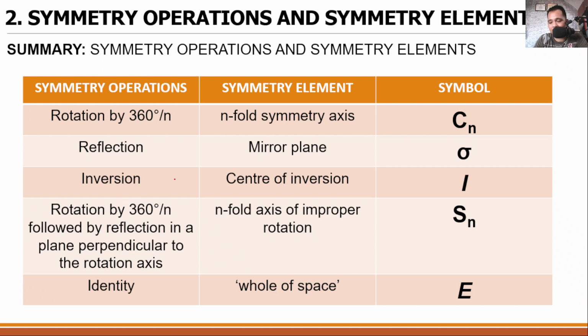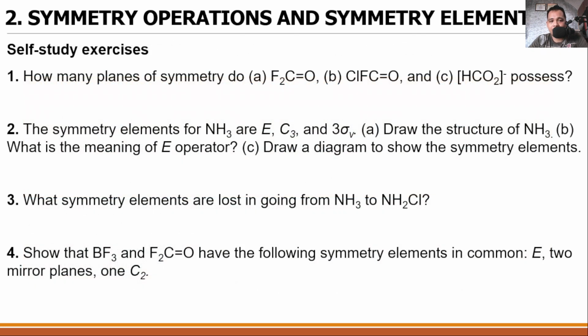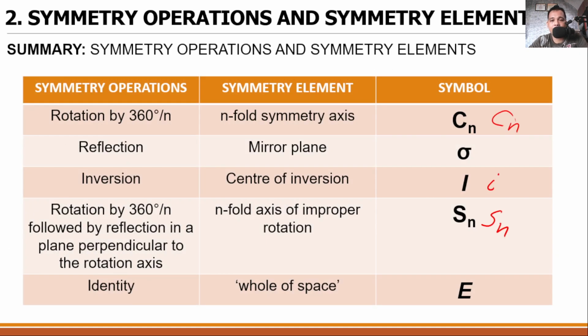And so that is the summary for our rotation. Okay. Remember, this is italicized. For that, this one is a small i, italicized Sn. So, we have self-study exercises. That's part 2 of our lecture. Okay. Then, let's recap. These are the operations.